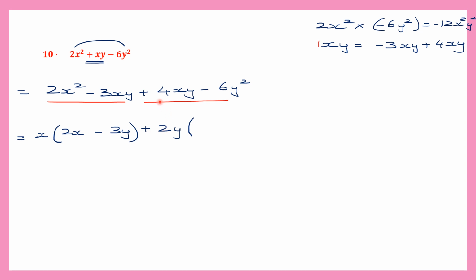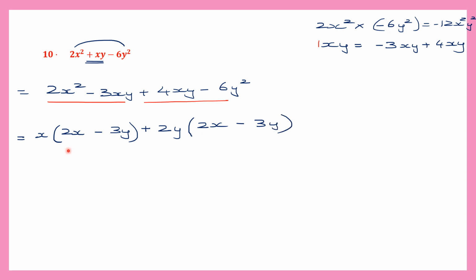So 2 into 2 is 4. So I can put two 2's here and there is an x. Then I go here minus. Now here I have 2. 2 into what is 6? 2 into 3 is 6. I have one y here. Here it is y square. So 1 is already here. So I just need to put one more y.